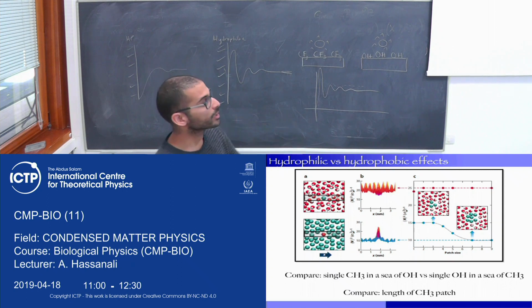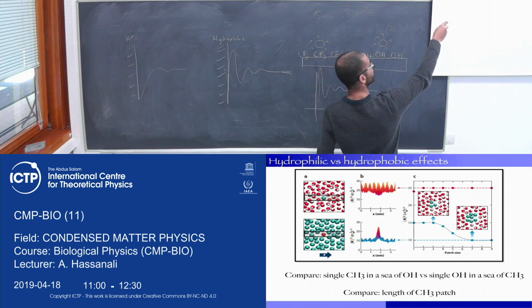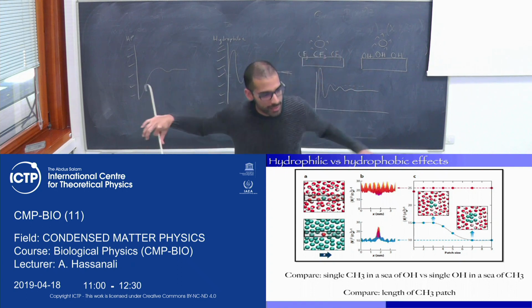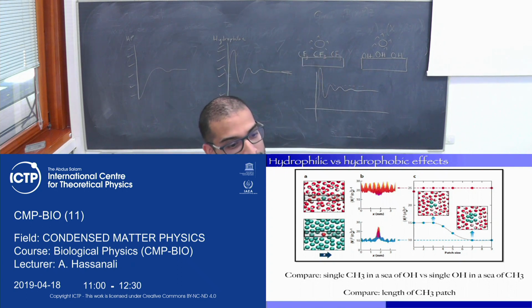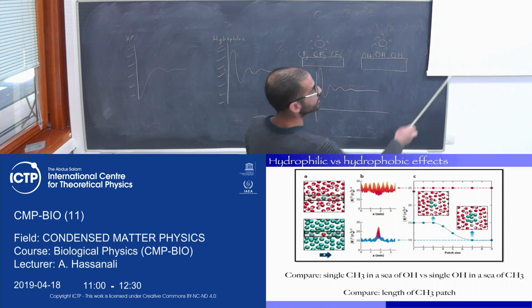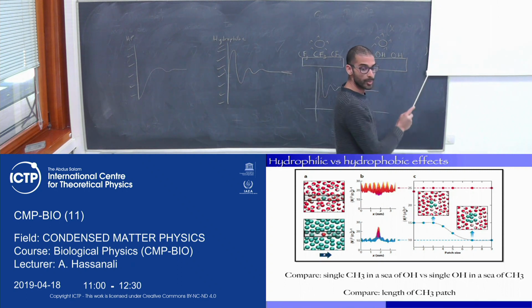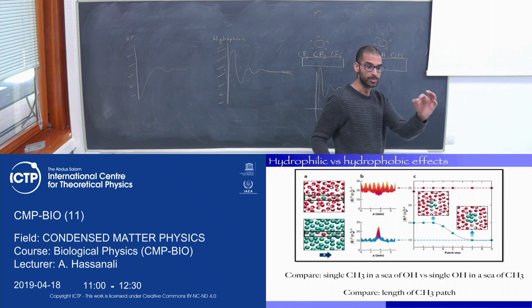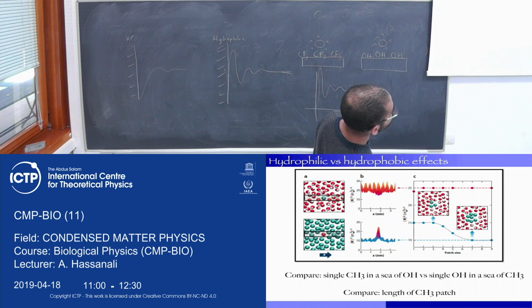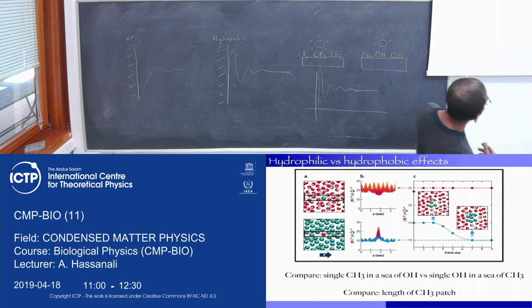And now you can ask the same question. How does the presence of one hydrophobic group in a sea of hydrophilic interactions change my compressibility? Versus if I have all hydrophobic and I introduce one OH group, how does that change my compressibility? And you see it nicely here.